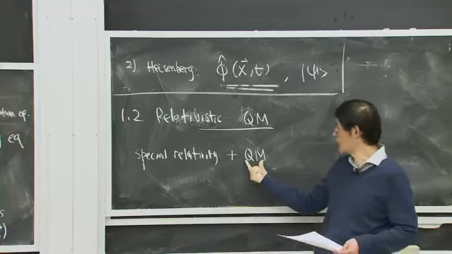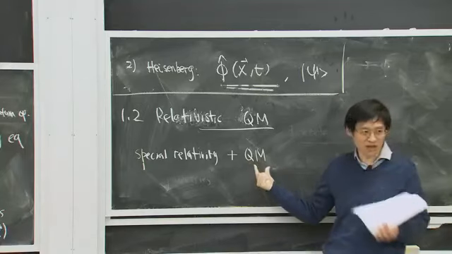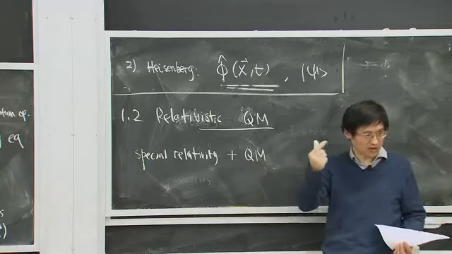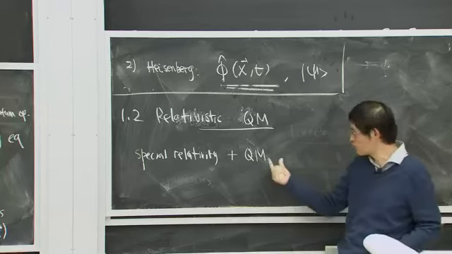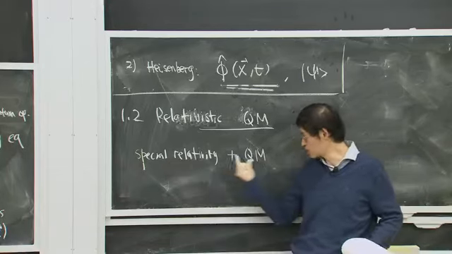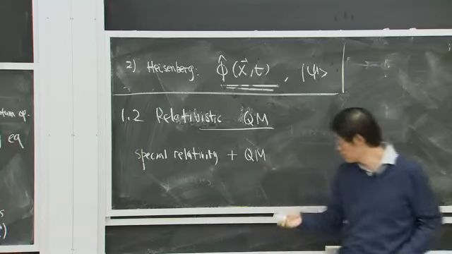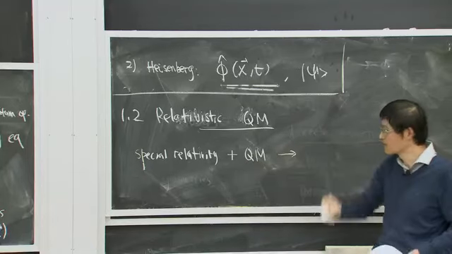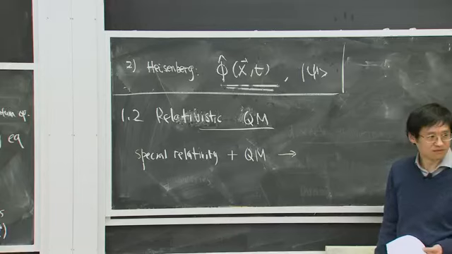so most of the quantum mechanics you learned is the non-relativistic quantum mechanics, okay? But now if you want to combine special relativity with quantum mechanics, then what should you get? What do you think you should get?